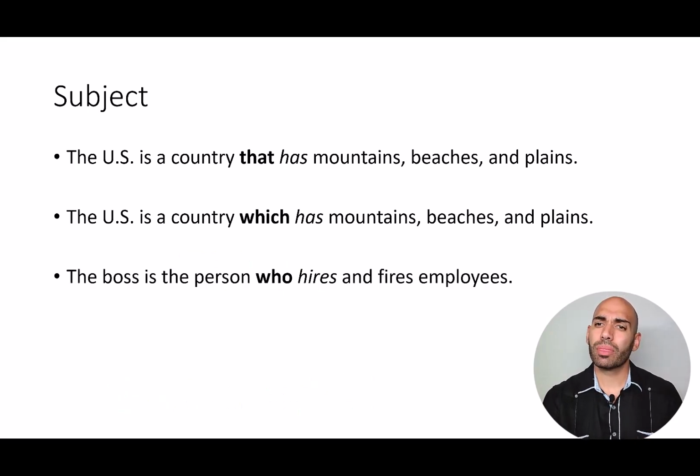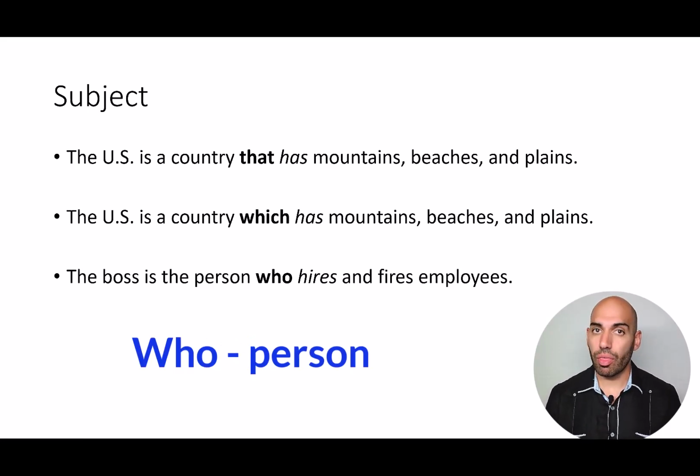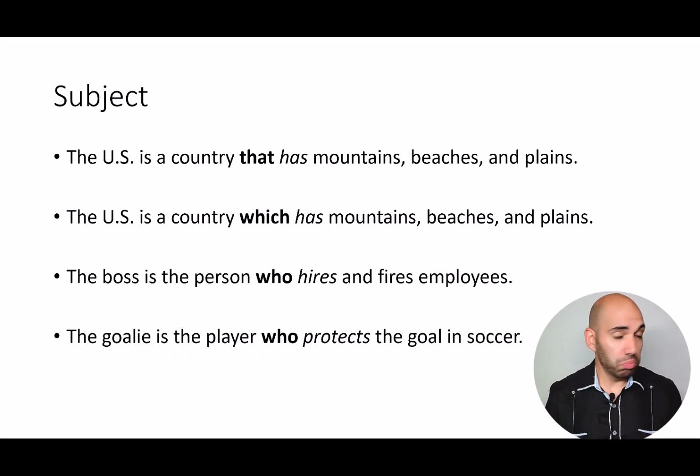Number 3. The boss is the person who hires and fires employees. In this sentence, I am using the word who because the subject is a person, the boss. The goalie. What is a goalie? The goalie is the player who protects the goal in soccer.